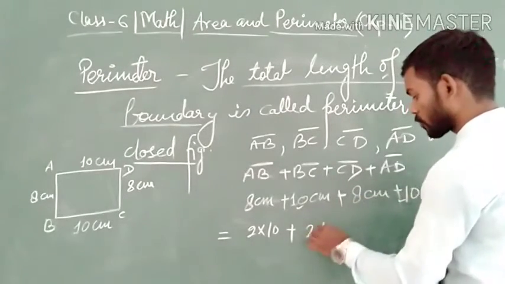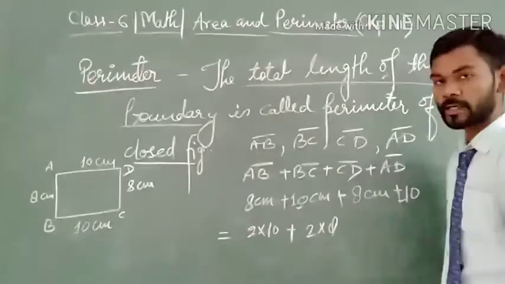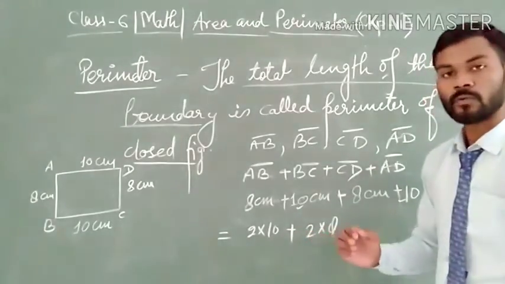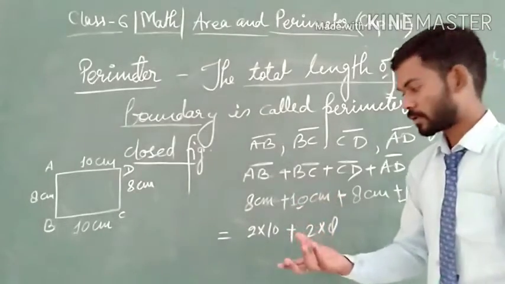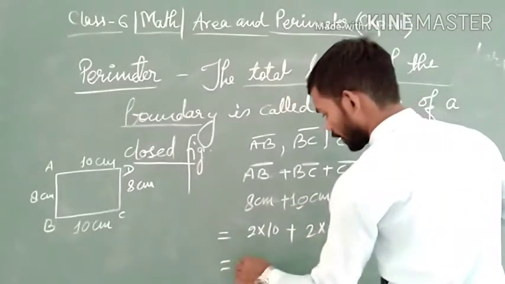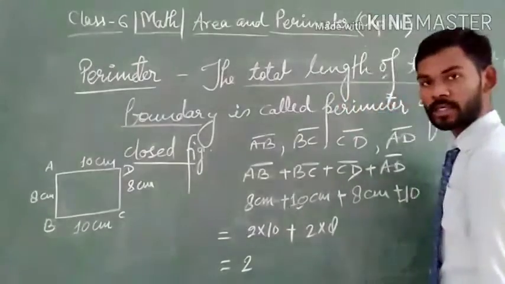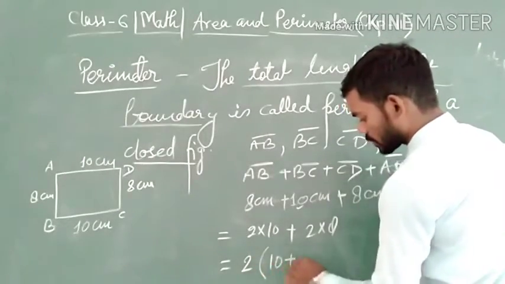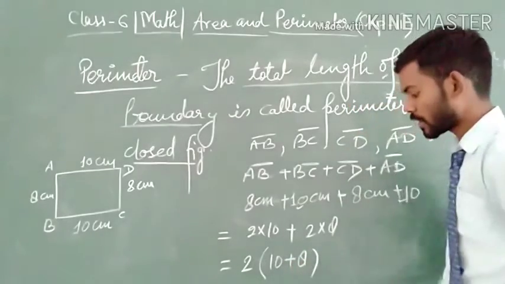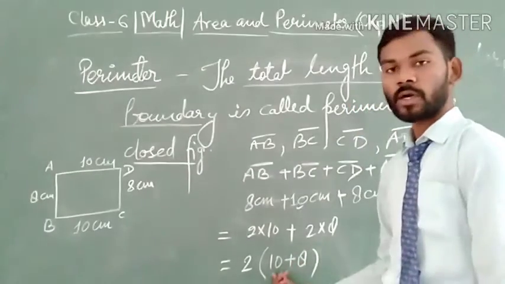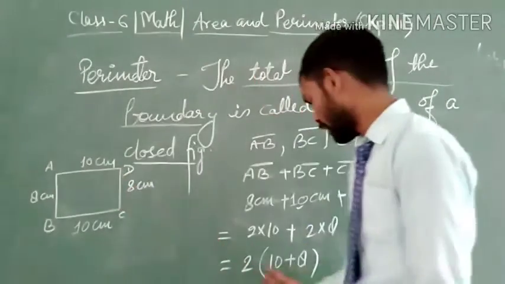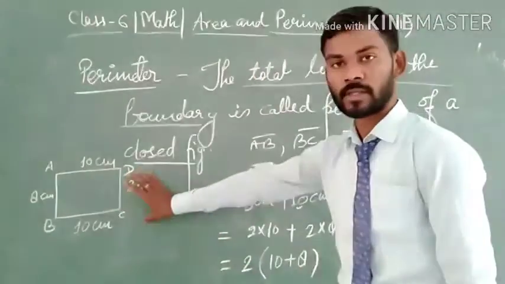That is why it can also be written as 2 multiplied by 8. And in both terms 2 is the common factor, that's why it can be taken as common, and here we get 10 plus 8. What is the 10? 10 is the length and 8 is the breadth.